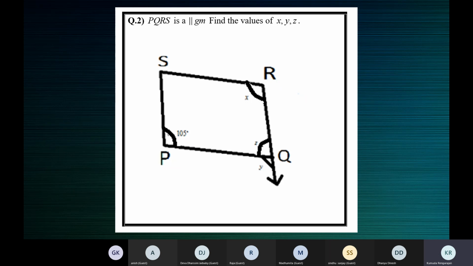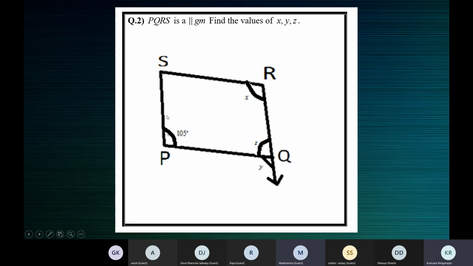when we need to use the property that alternate angles are equal. Alternate angles are equal. Angle P is equal to Y. Then which are the parallel lines? You can just go like this.